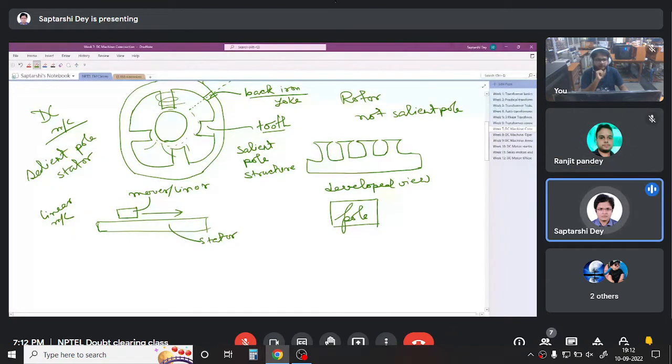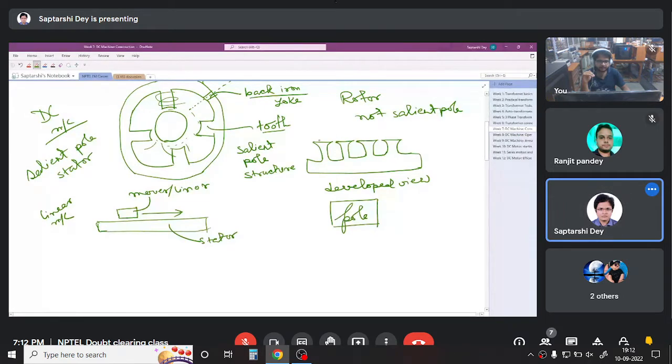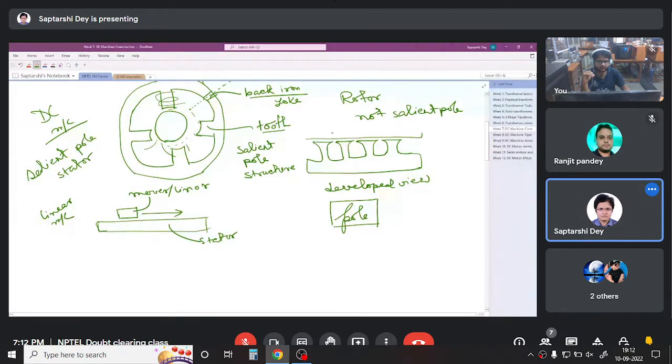And in the rotor, suppose you cut the rotor of a DC motor, it will look like this. There are teeth, but it will look like a uniform surface with very small gaps in between. So if you put, say, an iron sheet on it, it will look like a uniform air gap throughout.